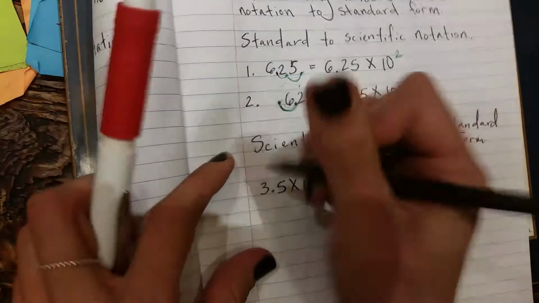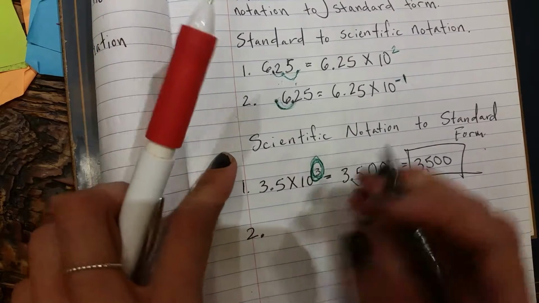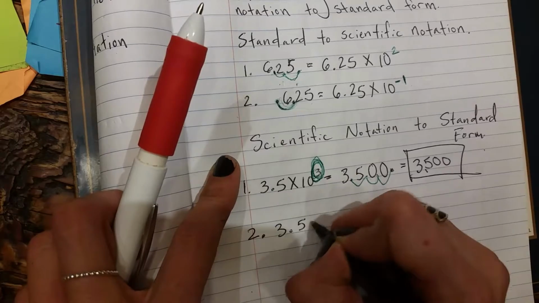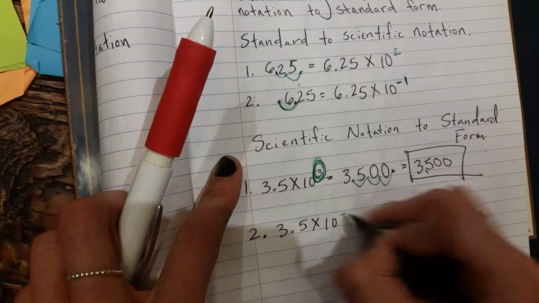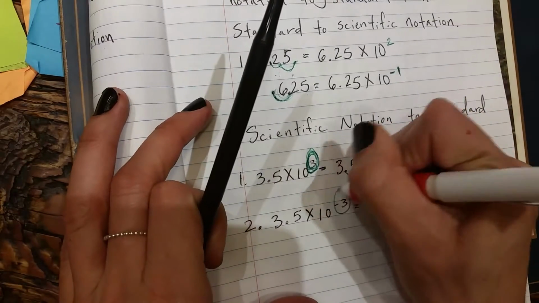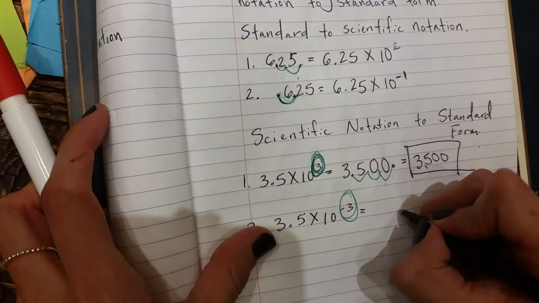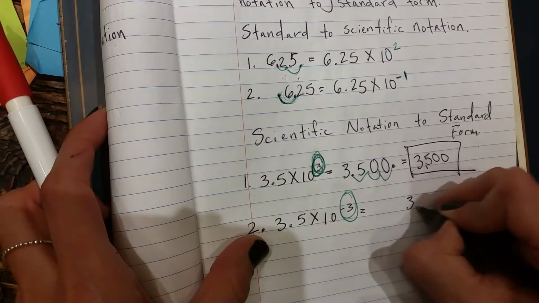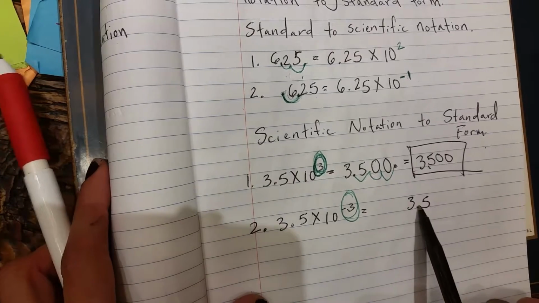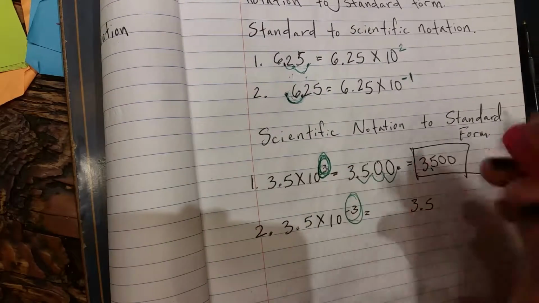3,500. And now let's flip it over and do another problem, but this time with a negative exponent. So 3.5 times 10 to the negative 3. I'm going to take my different color ink and circle that. And now here is my 3.5. Here's my negative exponent, so I'm going to go in a negative direction along the number line.